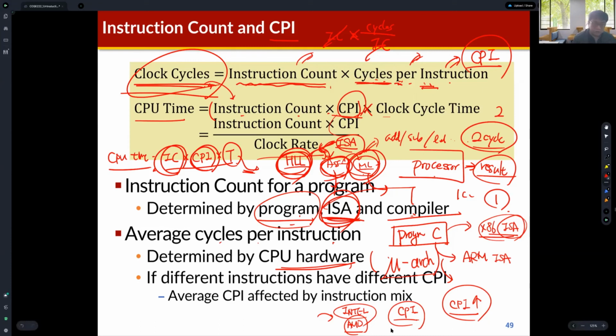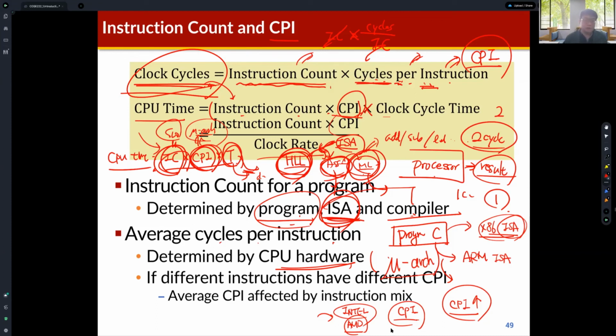So instruction count is a software part. CPI is also a hardware part, but usually microarchitecture is the architecture part. The clock cycle time T is the hardware design part. So for the software part, we can focus on the instruction count of compiled software.